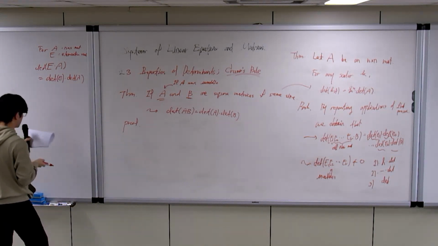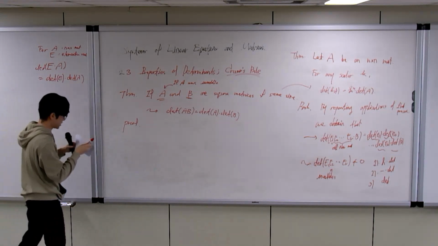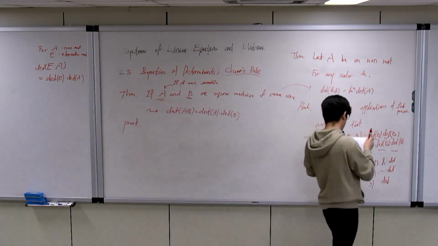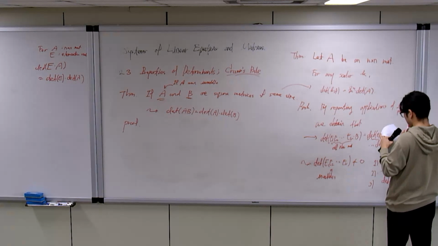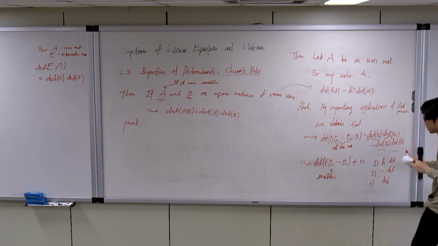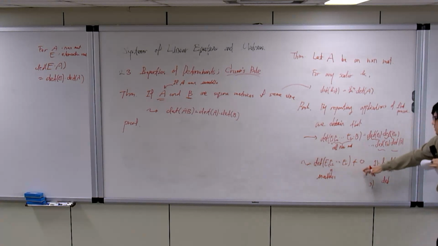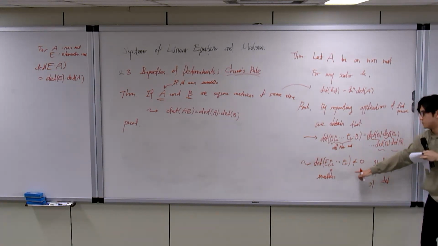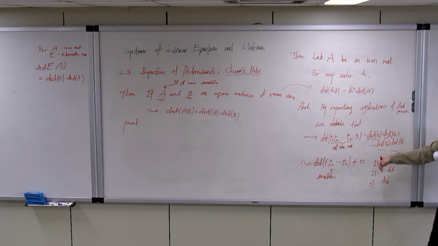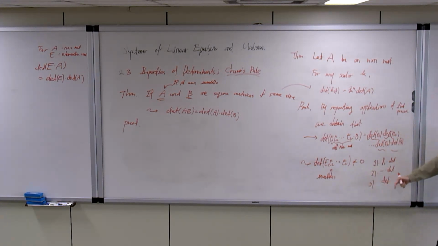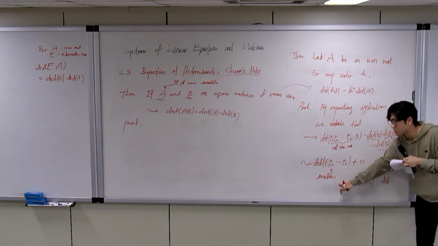Am I explained? If we give an invertible matrix, then the determinant will be non-zero. Otherwise the determinant is 0, and it is not an invertible matrix.